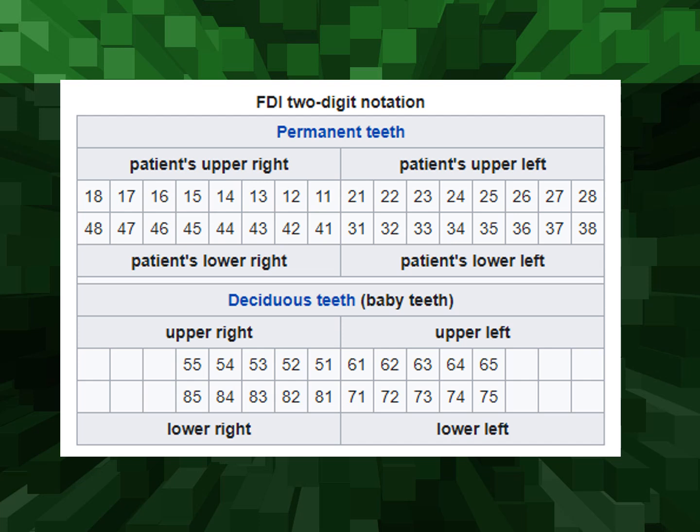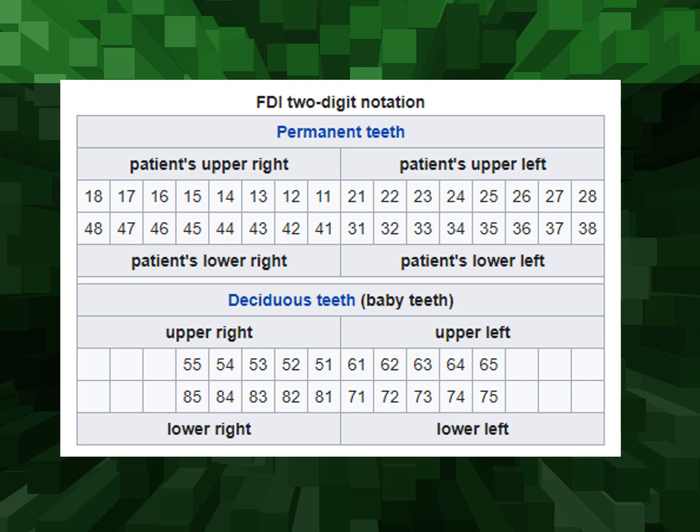The 4 quadrants: upper right quadrant, first number is 1; upper left quadrant, first number is 2; lower left quadrant, first number is 3; and the patient's lower right quadrant, first number is 4.